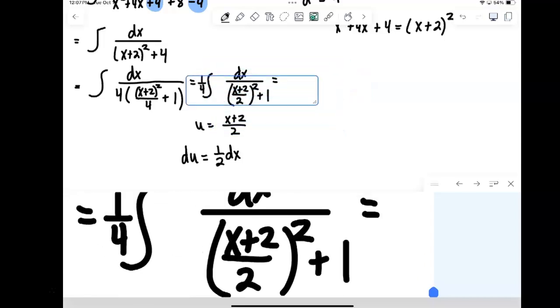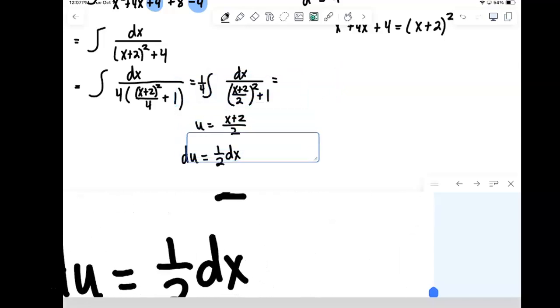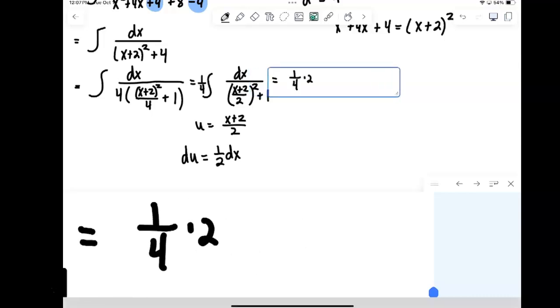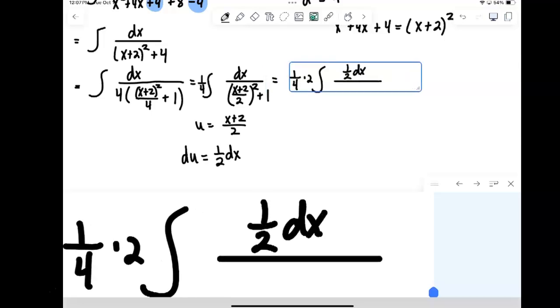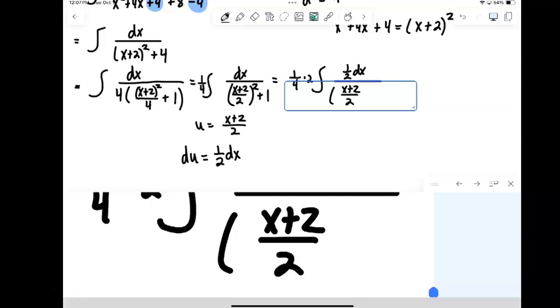So the way I think of it is, since I'm putting a 1/2 with the dx, I have to divide by it on the outside. Dividing by 1/2 is the same as multiplying by 2. So 1/4 times 2, integral of 1/2 dx over the quantity x plus 2 over 2, quantity squared, plus 1.